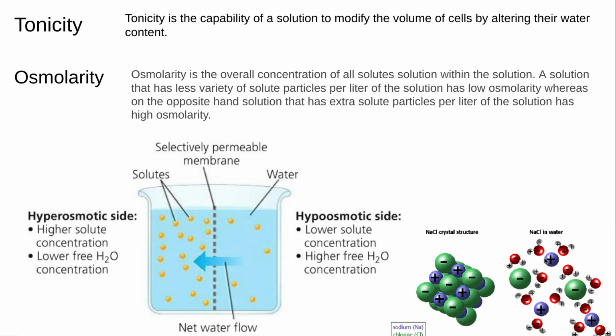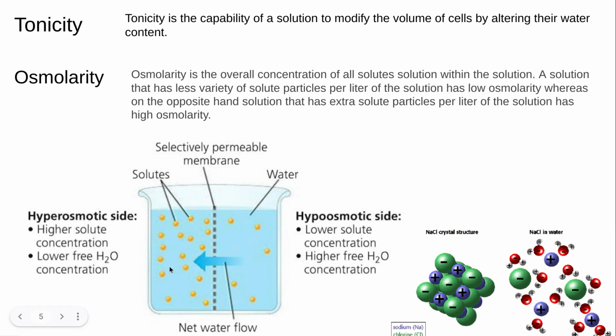For example, if you take sodium chloride, the crystal, and you drop it in water, it is going to dissolve, meaning it is going to become Na+ and Cl- ions. And water is a polar molecule and becomes attracted to ions. So the ions are going to be surrounded by water molecules. And what that means is free water molecules are going to become less. Free means not bound to the Cl- or the Na+. So they are going to become less in quantity.